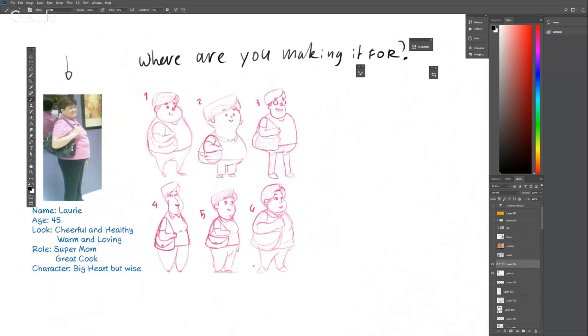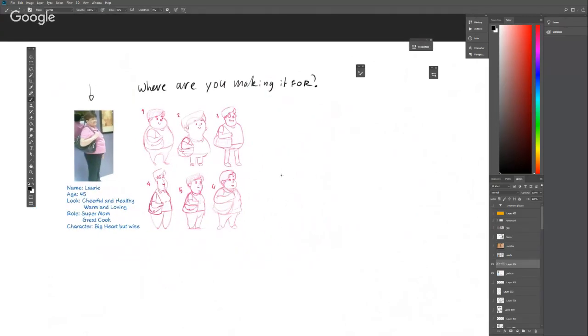Someone from the industry told me that if you're making a portfolio project, think about what your dream job is. Do you want to work for movies? If you want to work for movies, start creating your own characters for your movie.